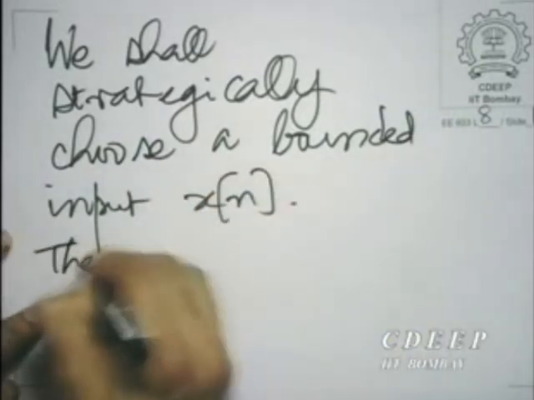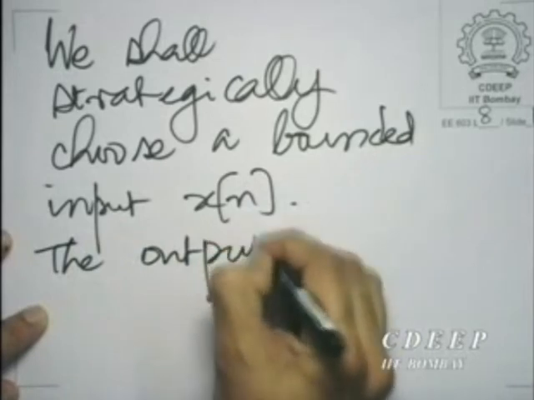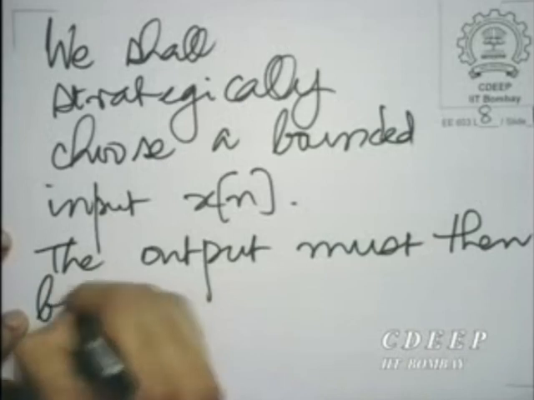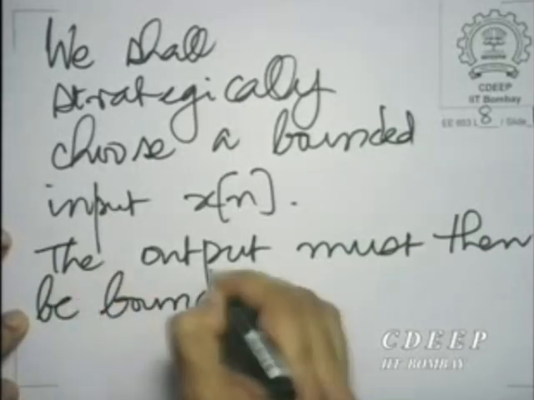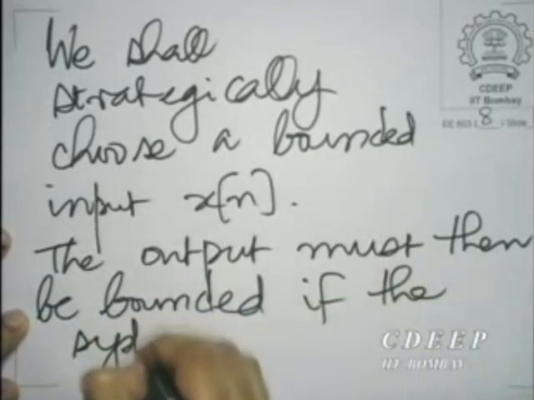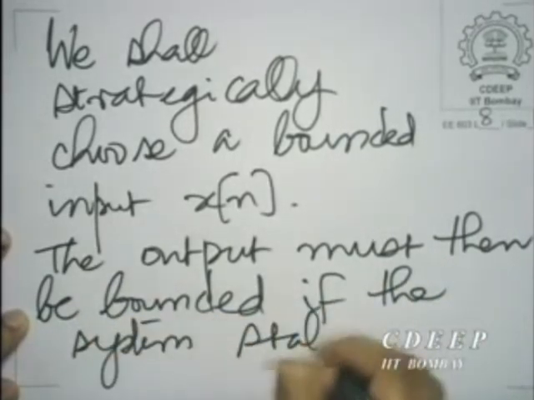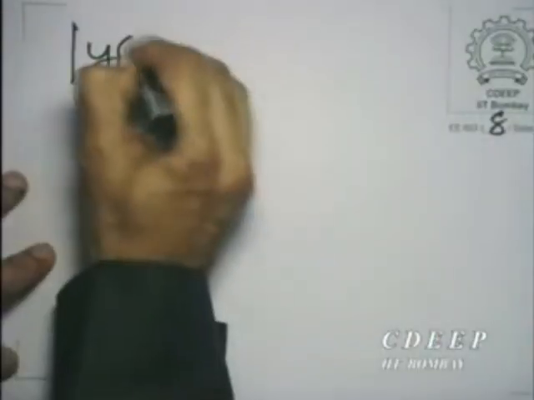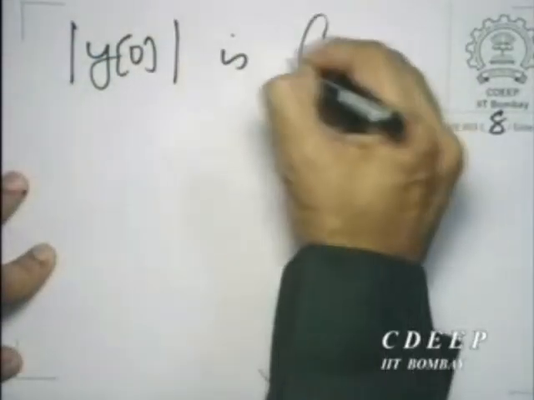The output must then be bounded, if the system is stable. And if the output is bounded, then of course mod y[0] must be finite in particular.